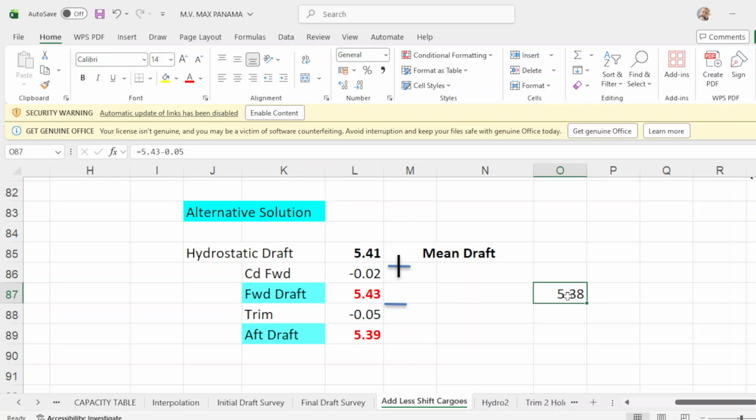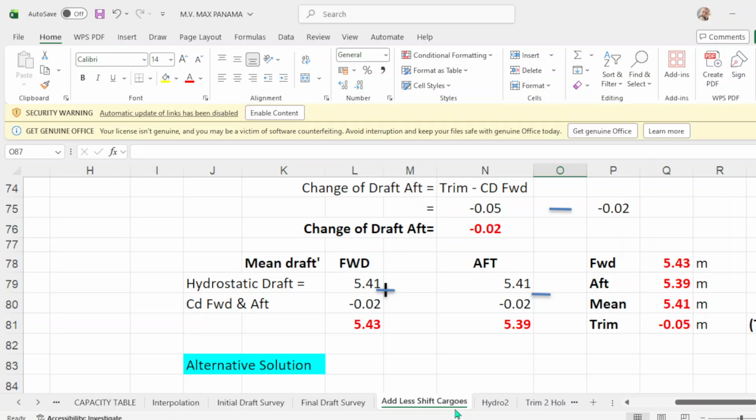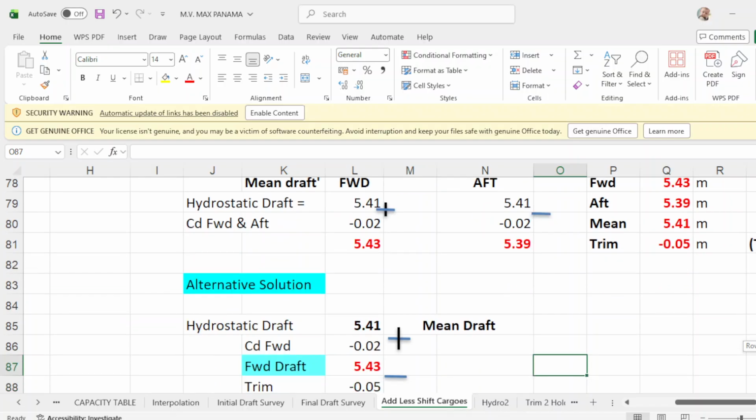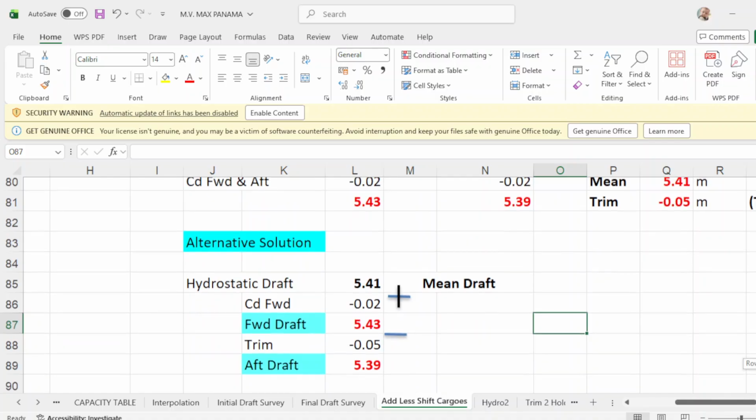Okay, but because of the equation, just put it like this. Okay, because of the decimals, that's why the answer is 5.39.